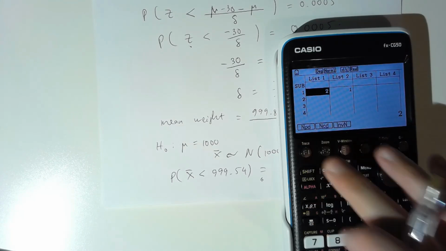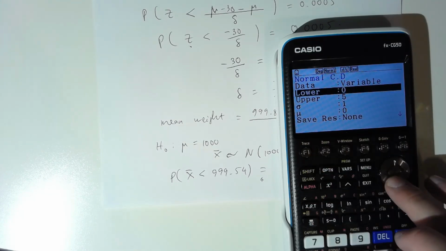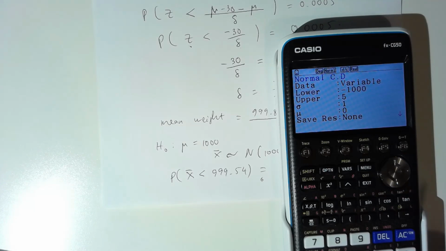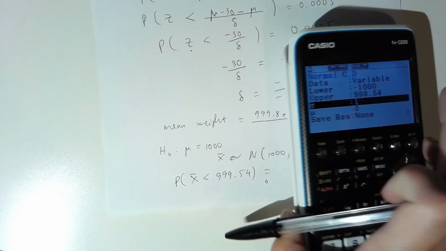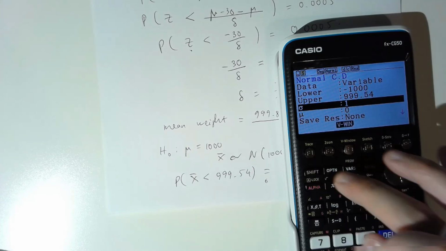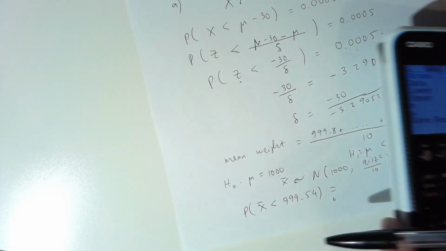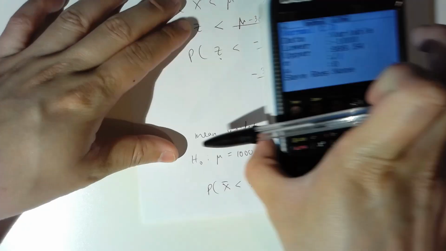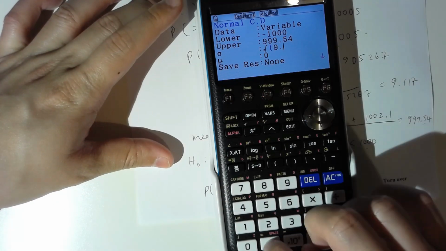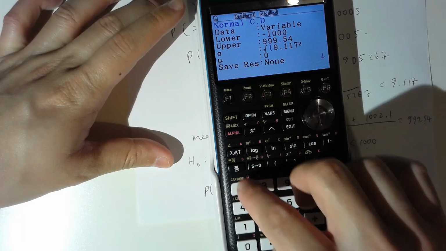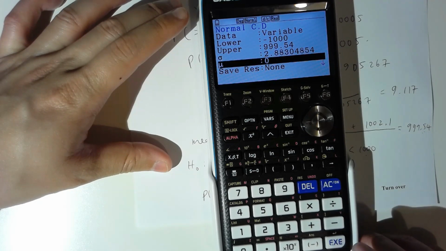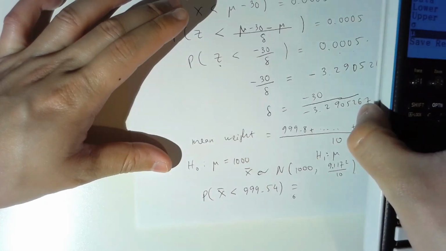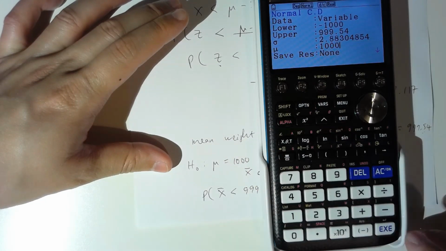Go to Distribution, choose Normal, then CD. For the lower bound you can put minus 1000 from there. Upper is 999.54. Then the standard deviation is the square root of the whole thing, which is 9.117 squared over 10, and the mean is exactly 1000.